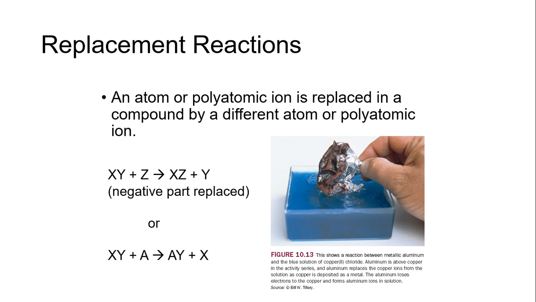Now, when you combine it, the aluminum replaces the copper in the solution, so the aluminum foil, metallic aluminum, essentially turns into copper. And it's not magic, it's just that the aluminum atoms leave and become part of the solution, and the copper becomes deposited onto the metal. And so you end up with a copper metal instead.